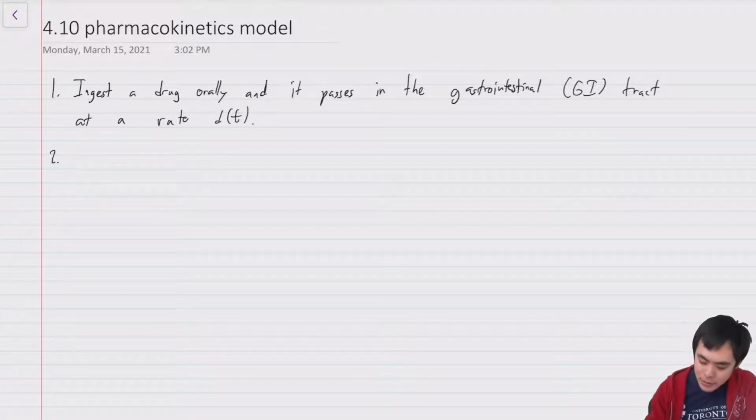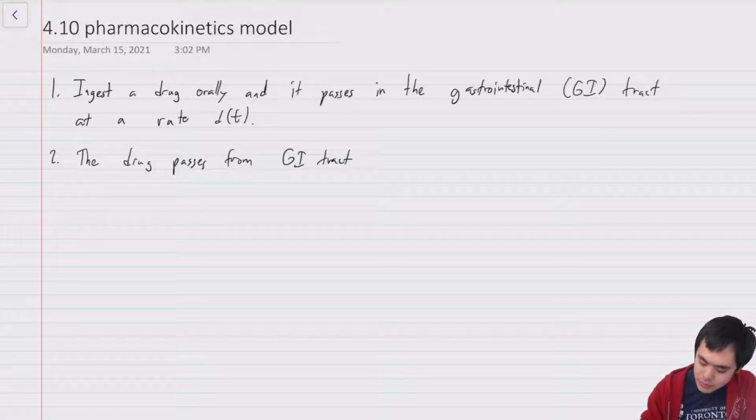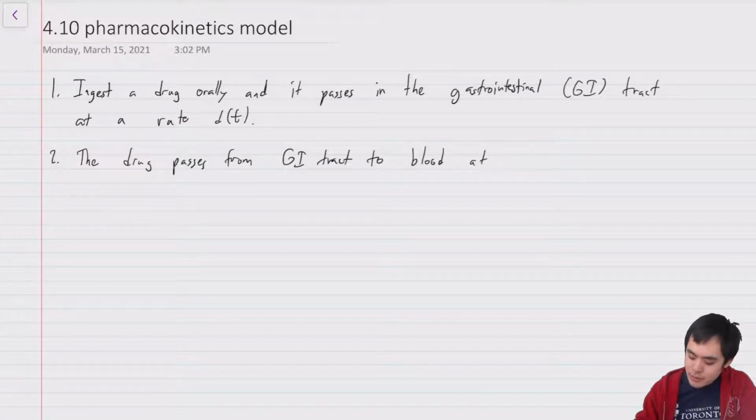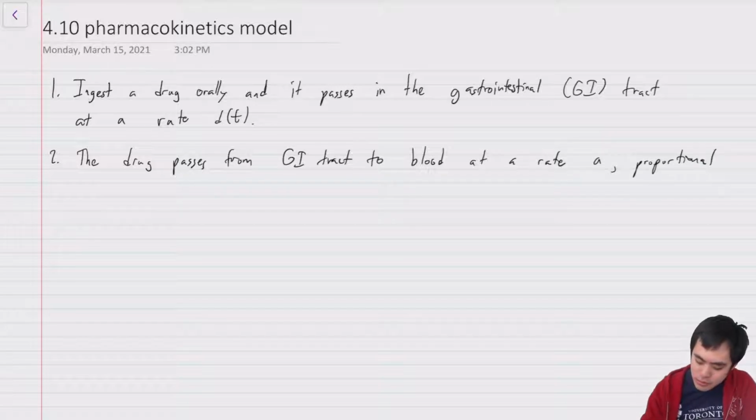Okay, then once we've done that, the drug passes from the GI tract to the bloodstream at a rate A proportional to the amount in the GI tract, X of t.